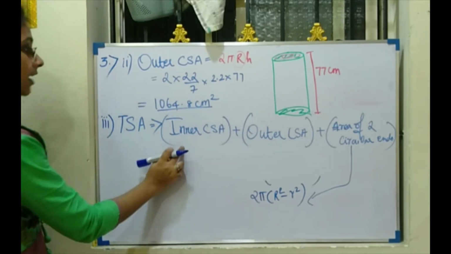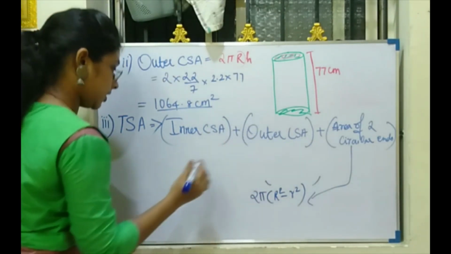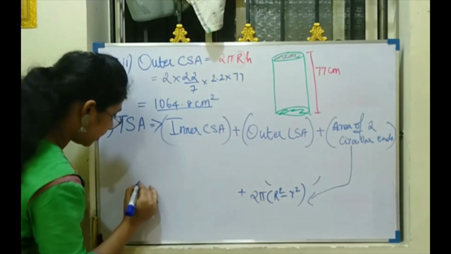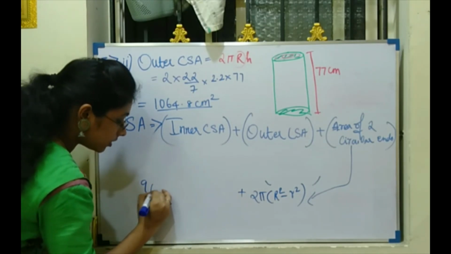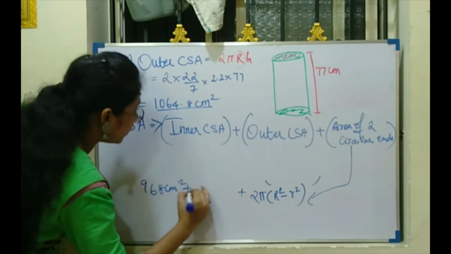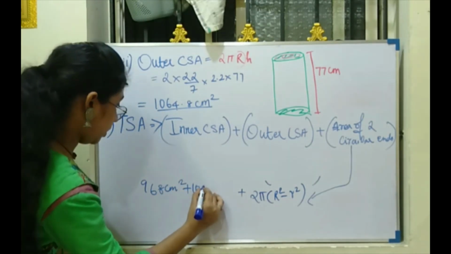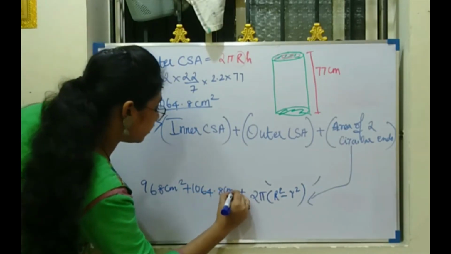Now we have to add the inner CSA and outer CSA. Inner CSA is 968 centimeter square plus outer CSA will be 1064.8 centimeter square.